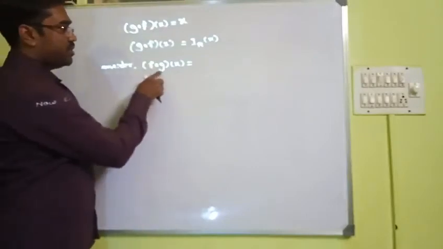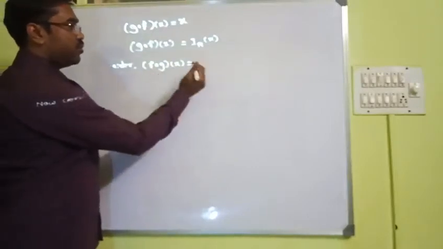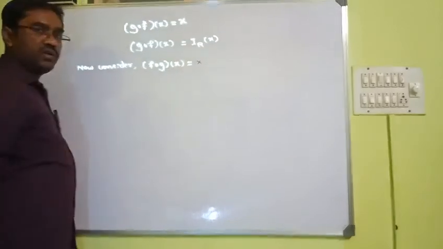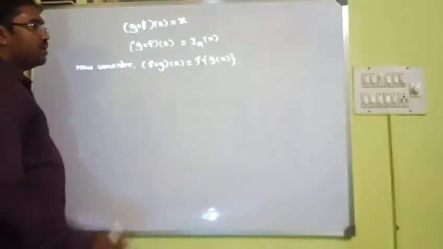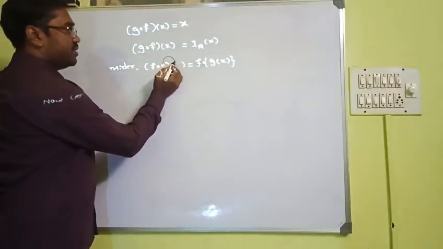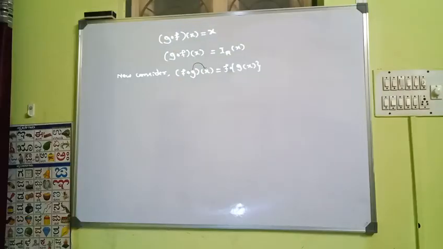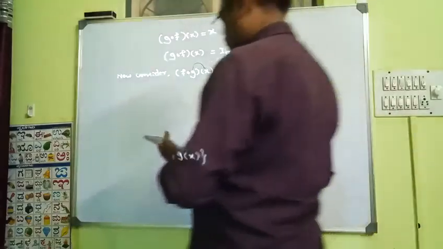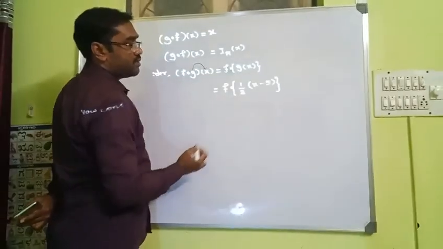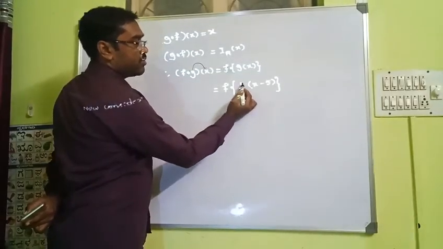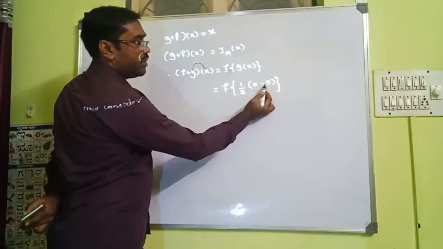f composition g on x, and we prove this is also x finally. Let us prove that. Let us apply this g and remove the composition. Let us apply g on x, which gives f of 1 by 2 into element minus 5.